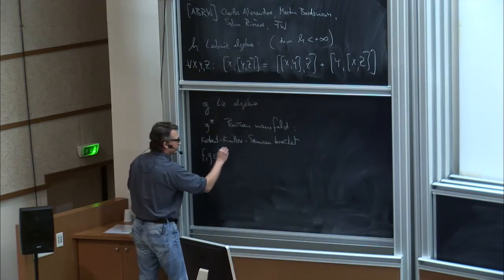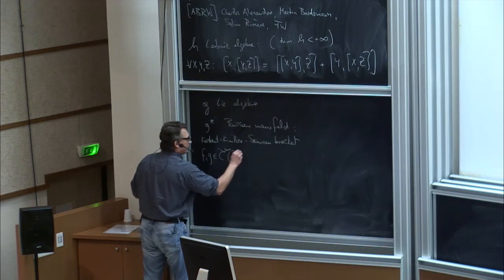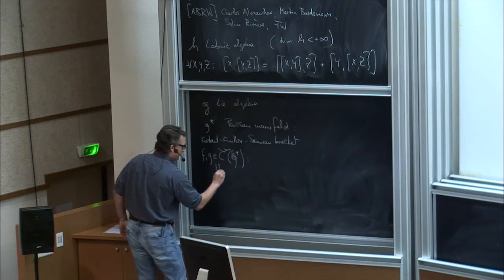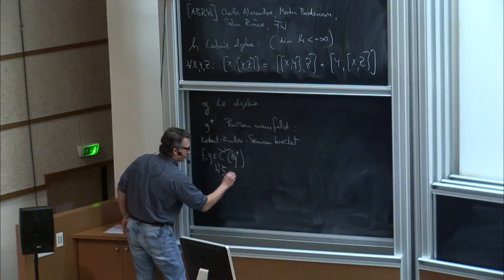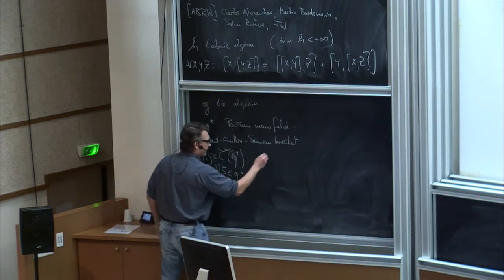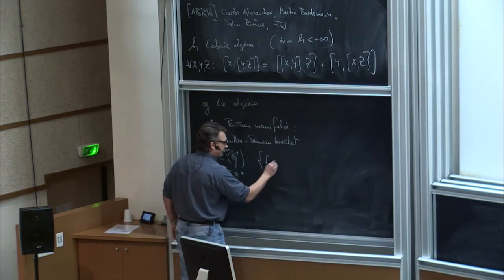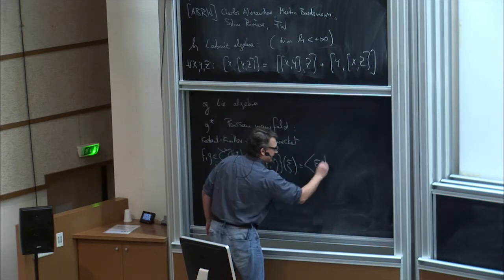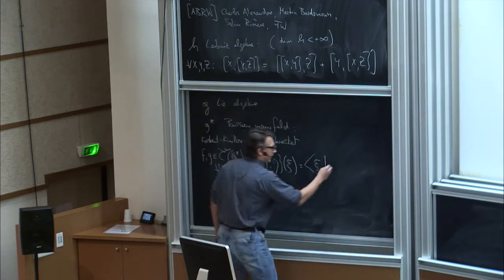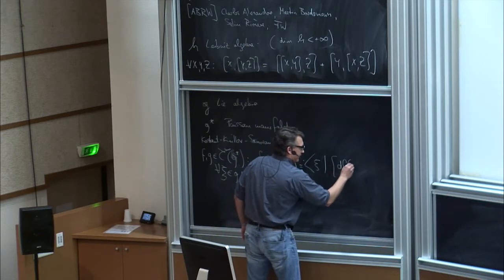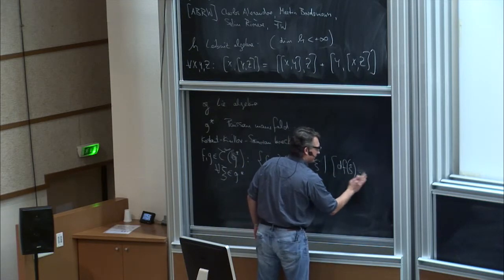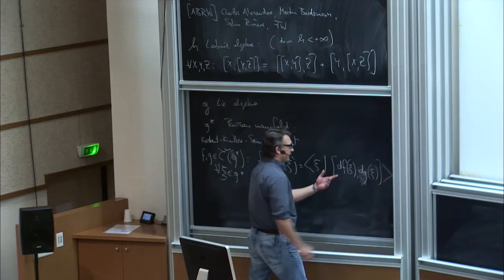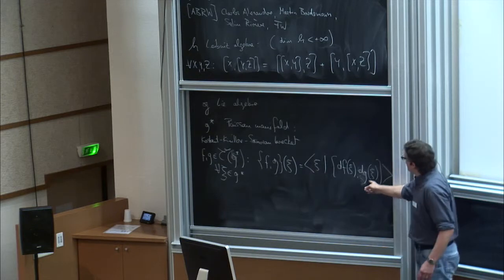When you take two functions on the dual of G, then for any element of the dual xi, you can evaluate the Poisson bracket at xi, and that is just the evaluation of xi on the bracket of df of xi and dg of xi.